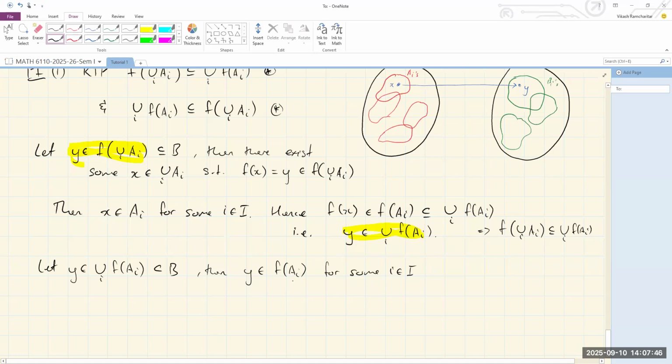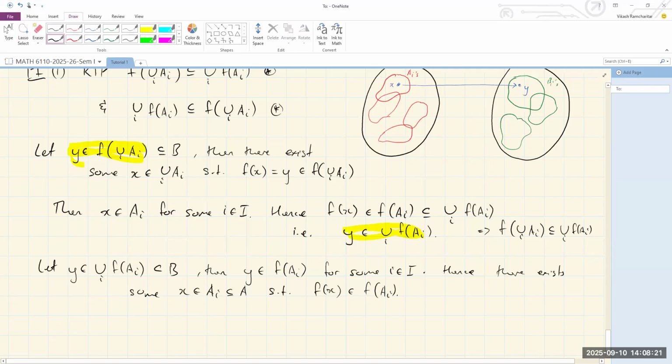So if y belongs to the image of this set, there exists some x in Ai, and of course Ai is contained in A, such that when f was applied to this x, it ended up in f of Ai.